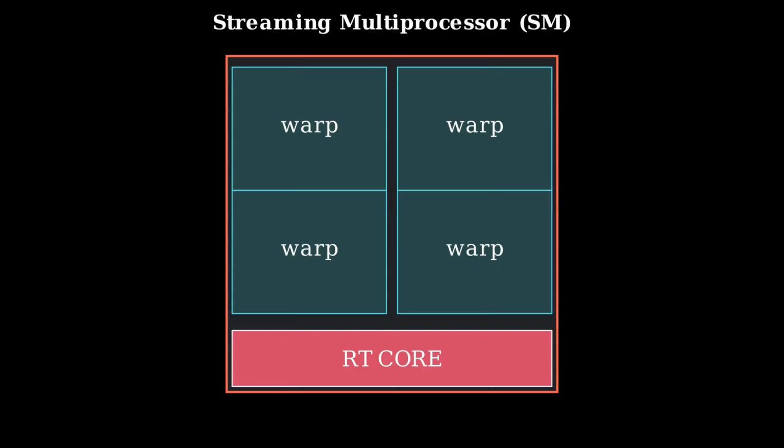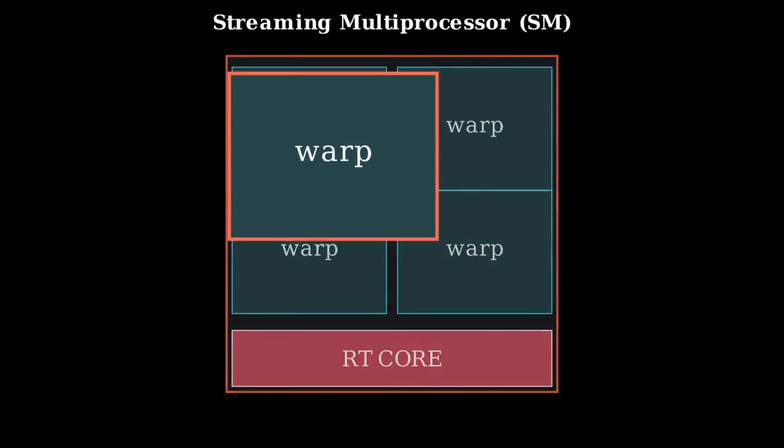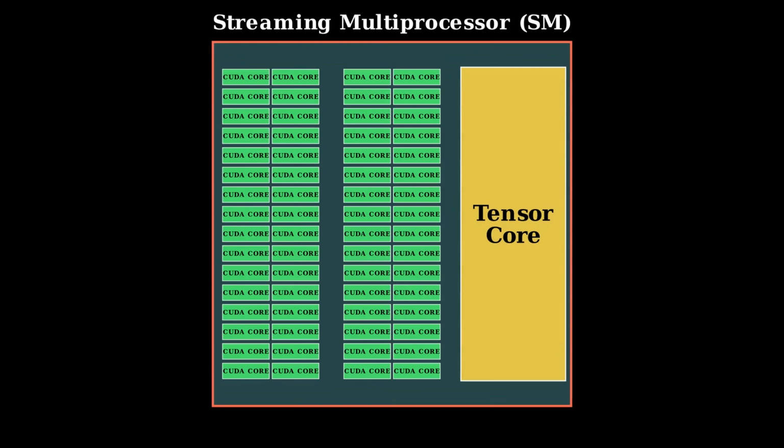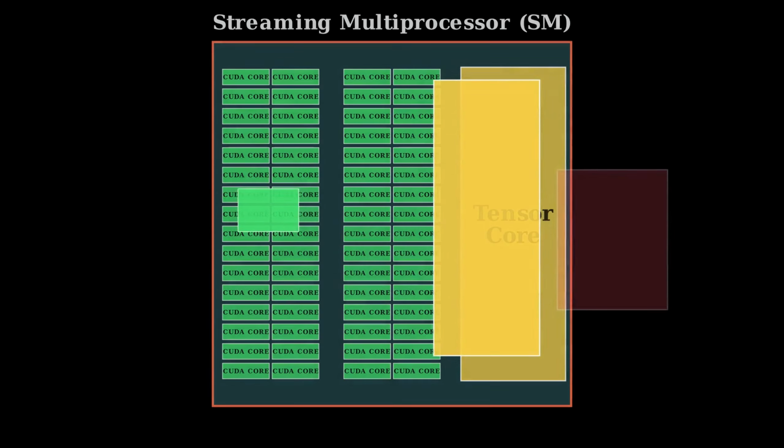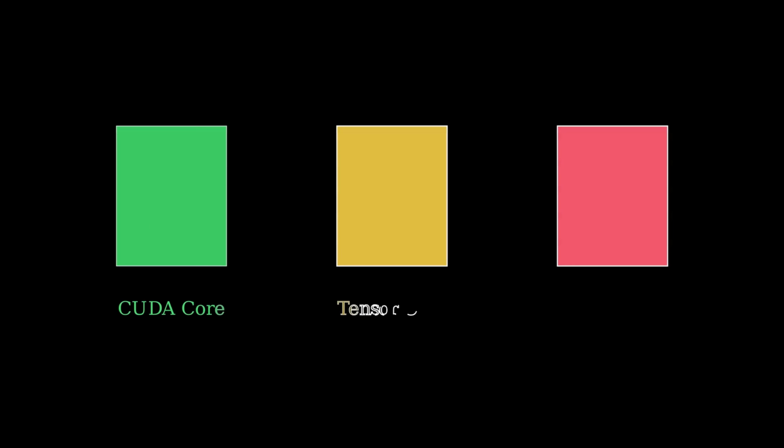The 2 cores we actually care about live inside each warp, a series of CUDA cores shown in green and a tensor core shown in yellow. These are the 2 cores we will be using to make our kernel super fast. The CUDA core is the generalist.